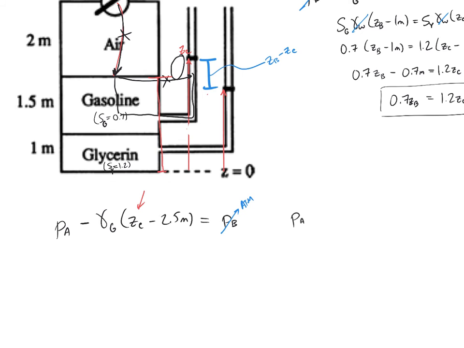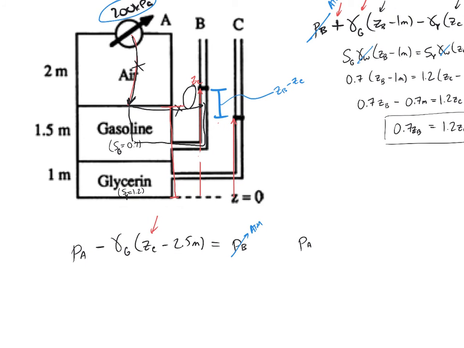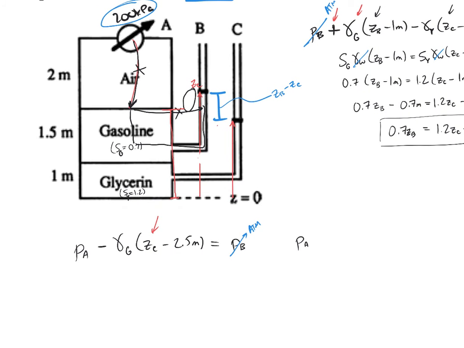So PA, now I'm going to do the same thing, but I'm going to go to C. So we're going to go down to here. Don't care about that because it's air. Then we're going to go from that point down to the bottom of the gasoline. So we're going to add gamma G times that distance, which is 1.5 meters. Then we're going to go into the glycerin.